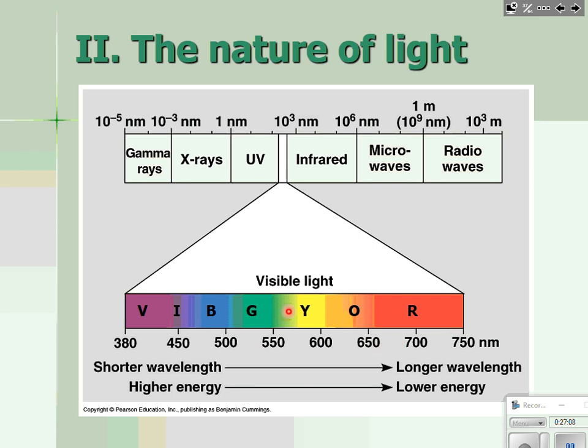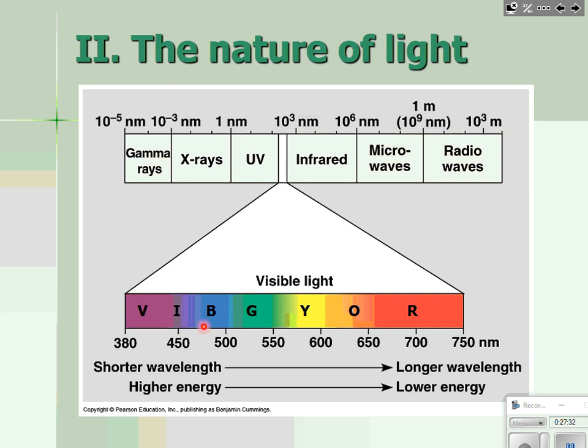And we know this is true because we've all seen rainbows. We've all seen what happens when sunlight is diffracted by raindrops in the atmosphere. We can see red, orange, yellow, green, blue, indigo, and violet. So we know that when the sun shines on a plant, all of those colors are striking the chlorophyll.